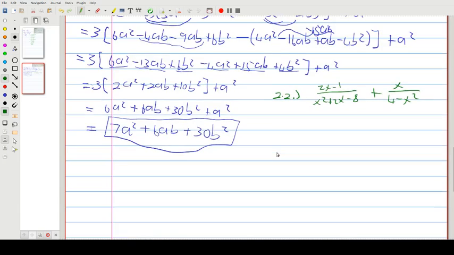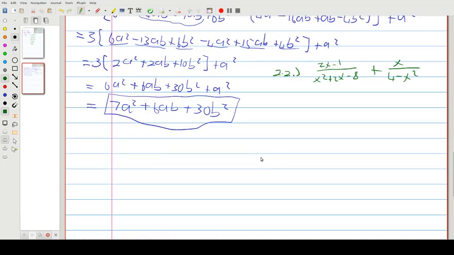Okay, so we said factorizing is our friend for algebraic expressions, so we need to factorize everywhere we can. This top part here cannot factorize, so that just stays 2x minus 1. The bottom we can factorize. That's a quadratic trinomial. It'll get 2 brackets, and we'll have x and x.